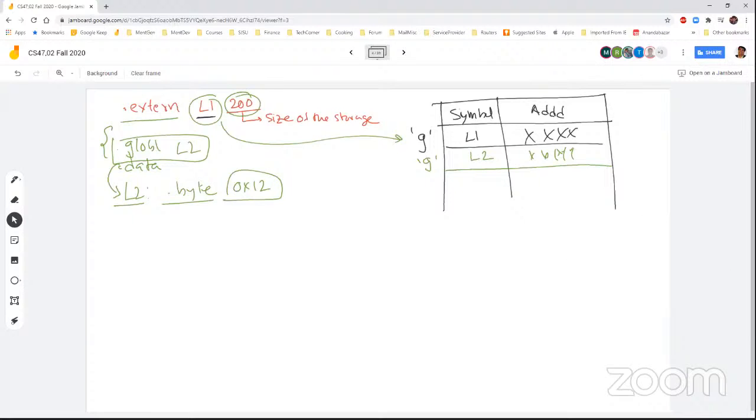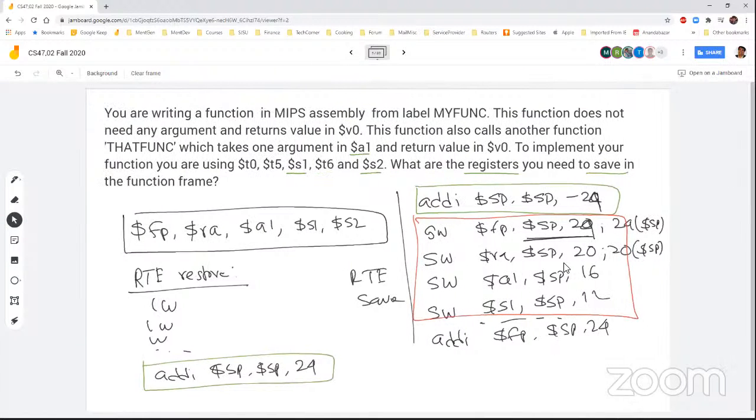Professor, yes. In Carter's question, we looked at the RTE frame from the function's perspective. In the last line it says the function's frame, right? Do we have a caller's frame as well? Like when making a call, do we say, let's save the S registers before making a call to the function?